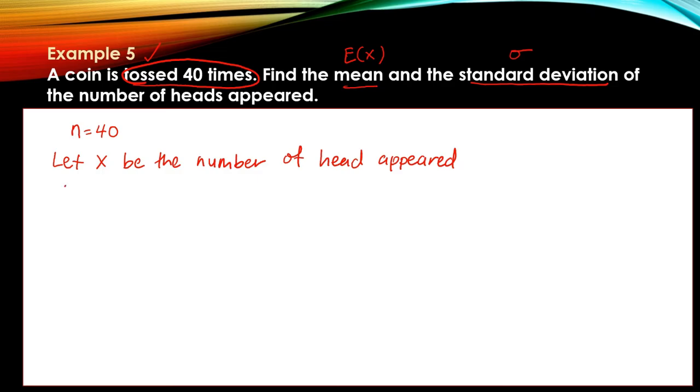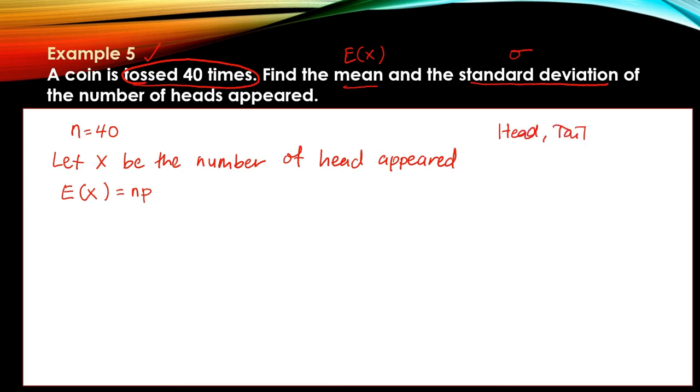The formula in finding mean E(X) is equal to np. Since this experiment is about a coin, there are only two faces of a coin, which is either head or tail.